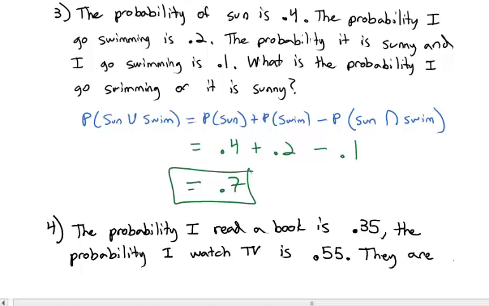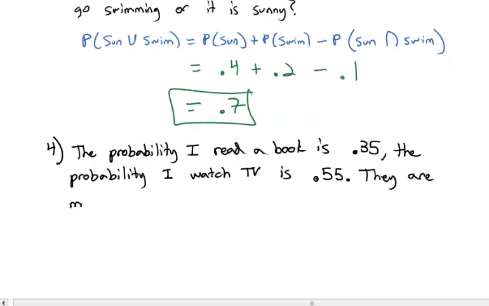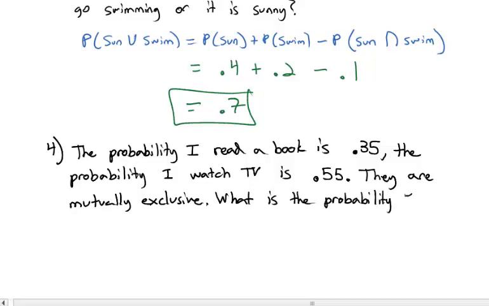They are mutually exclusive. What is the probability I read a book or watch TV?